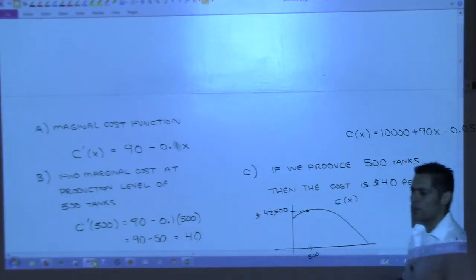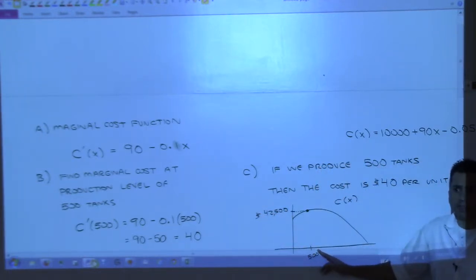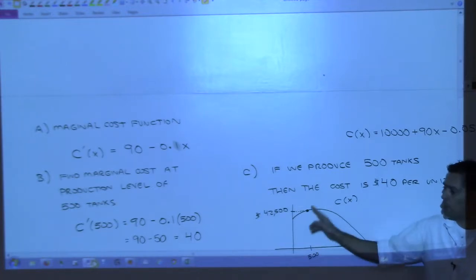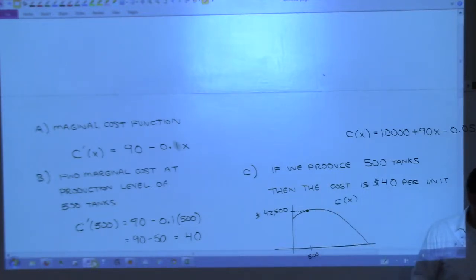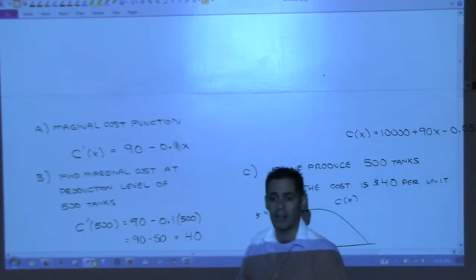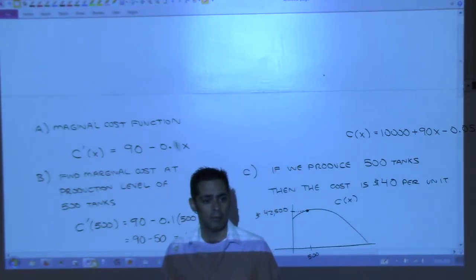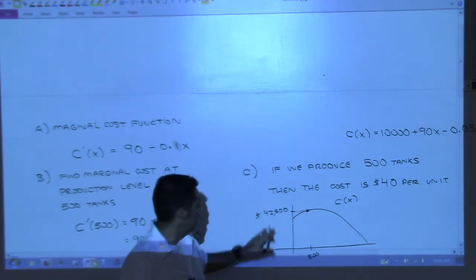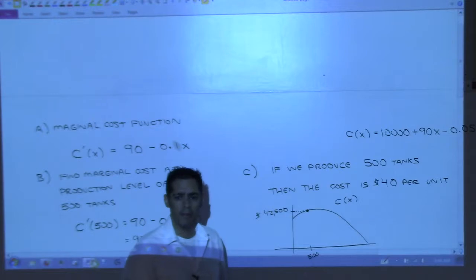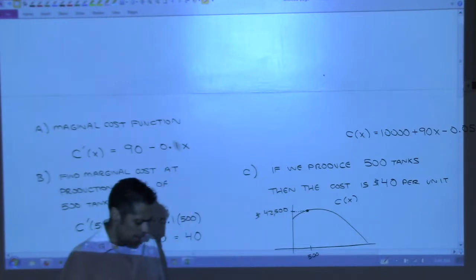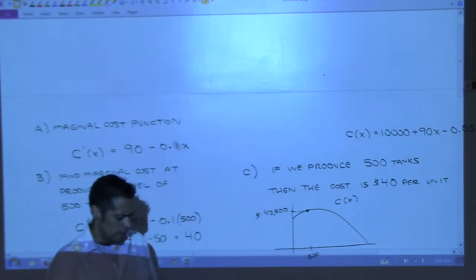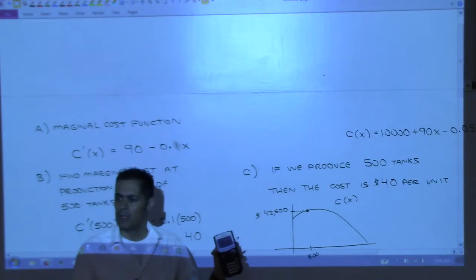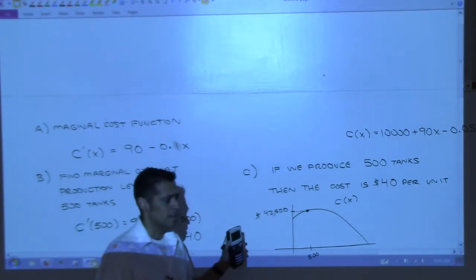So if we produce 500 tanks, it will cost our company $42,500, right? How much is that per tank? Take this 42,500 and divide it by 500, and I'm getting 85. It costs me $85 per tank to do it that way.